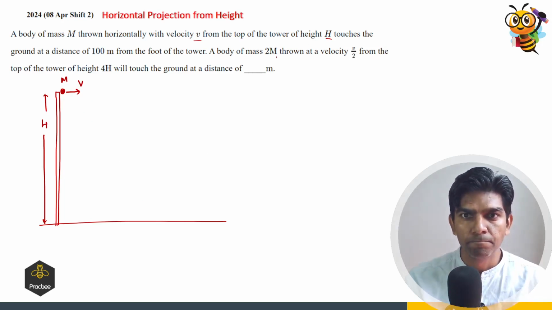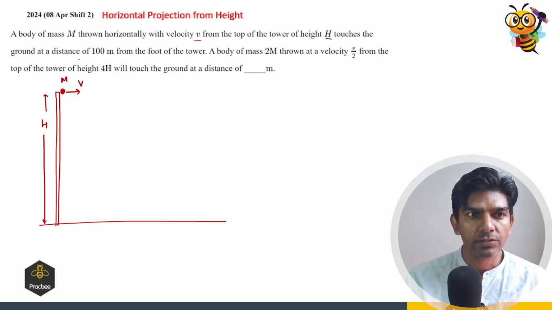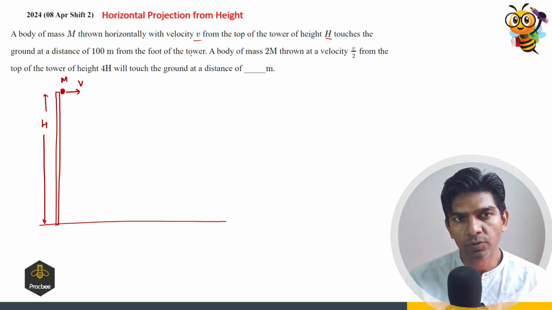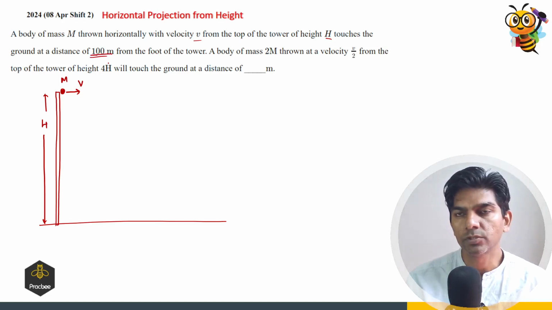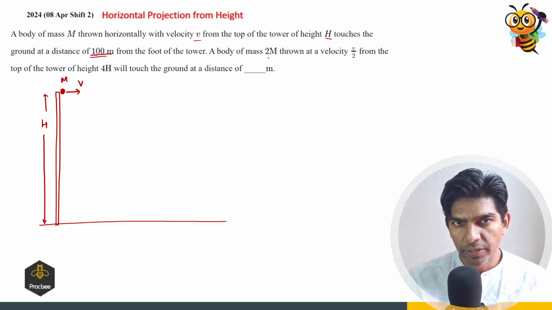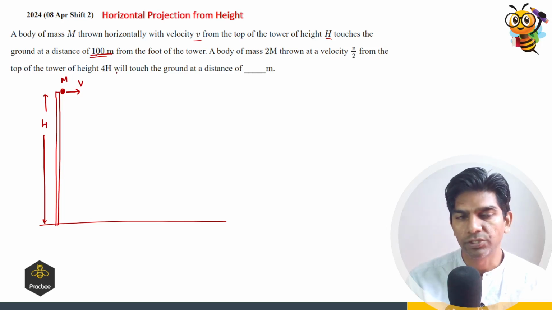So its range touches the ground at a distance of 100 meters from the foot of the tower. That is the range for the first body. A body of mass 2m thrown with a velocity v by 2 from the top of a tower of 4h will touch the ground at what distance?